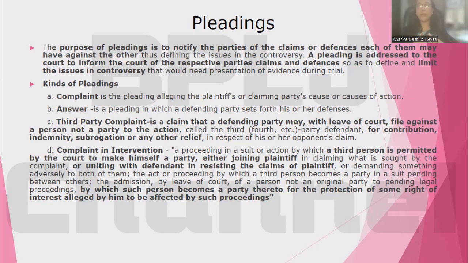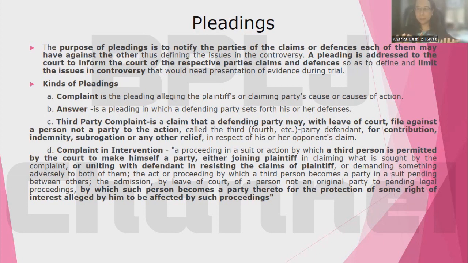Now, if the defendant, for example, has a claim against a person who is not a party to the action, the defendant can file a third-party complaint to drag or bring in that person as a party to the action. He will be called now a third-party defendant, while the original defendant in the main case will be called the third-party plaintiff.